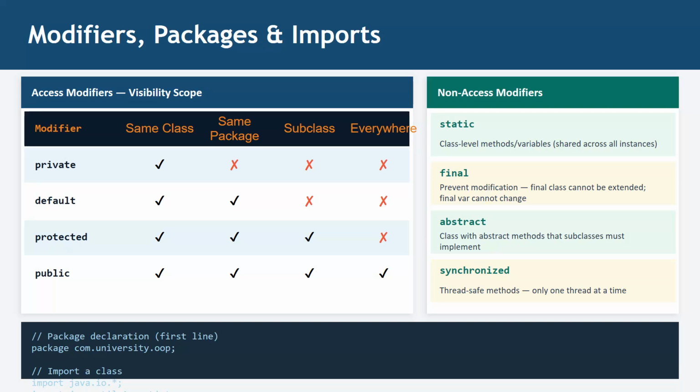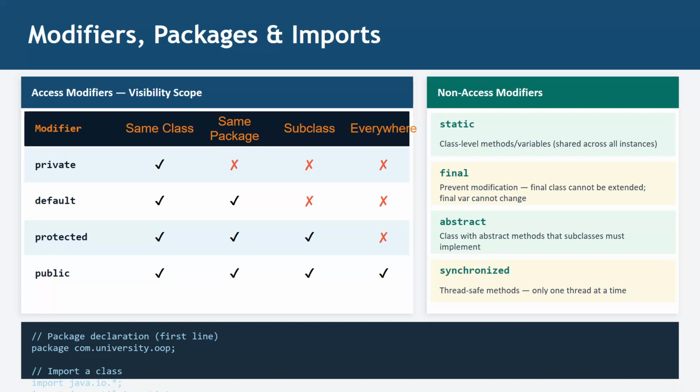Then if it is set as protected, it can be seen by the same class, by the same package, and by subclasses, but it cannot be seen everywhere. Then we have when we set it to be public.